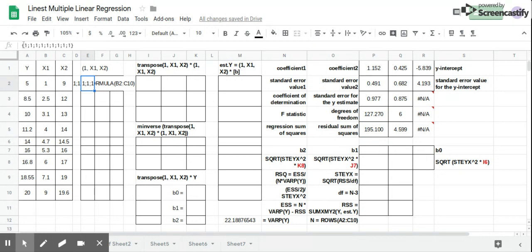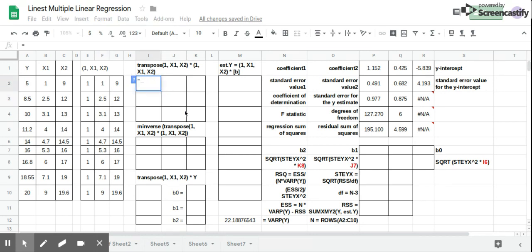So we start with the X matrix, where the first column is 1, the second column is x1, and the third column is x2. Then we convert this to a square matrix.